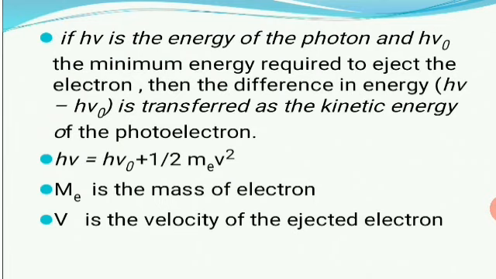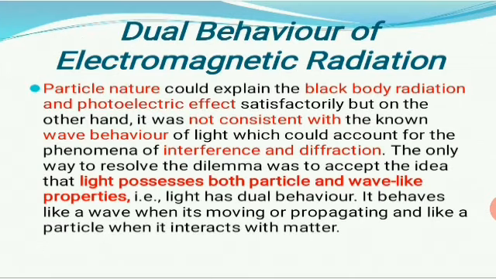So if hν is the energy of the photon and hν₀ is the minimum energy required to eject the electron, then the difference in energy is transferred as kinetic energy. So hν = hν₀ + ½mv², where m is the mass of the electron and v is the velocity of the ejected electron.